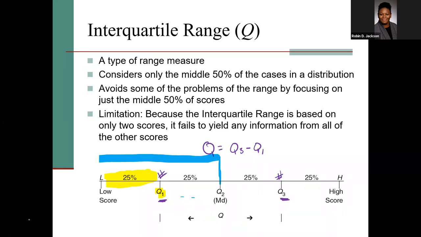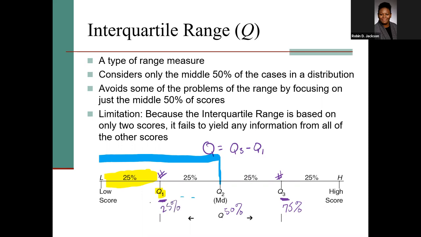And then for the third quartile, this is the point at which 75% of the cases fall below. So let me write these numbers. This is going to be 75%, this is 50%, and this is 25%.